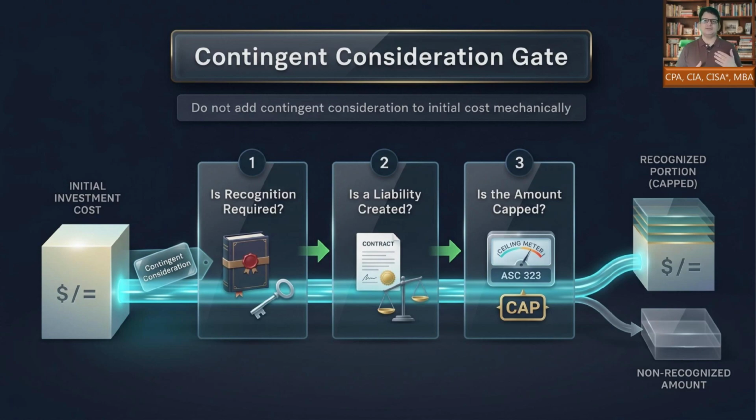Second, ask whether the arrangement creates a present obligation that meets the definition of a liability. Third, if a liability is required, determine whether ASC 323 limits the measurement. This is a gate, not a shortcut. Possible future payments should not casually walk into the investment account without analysis.